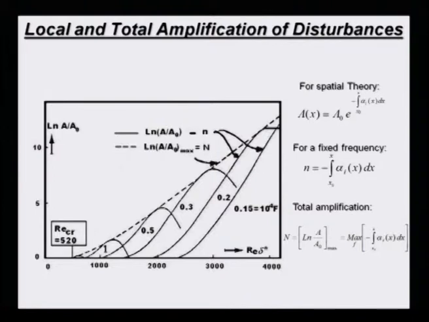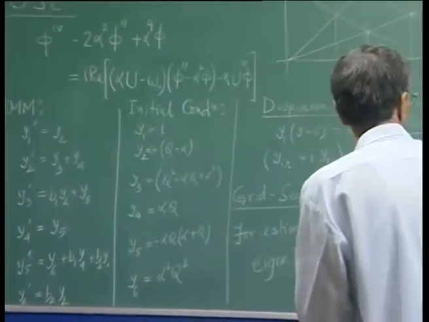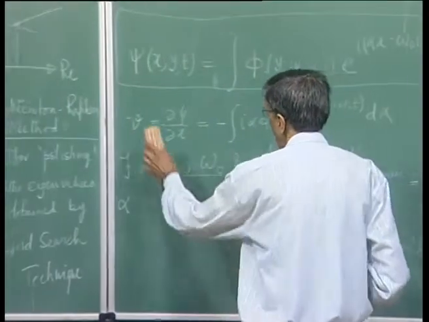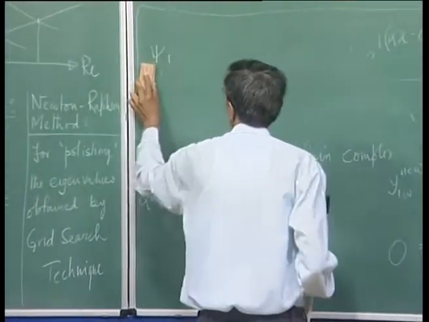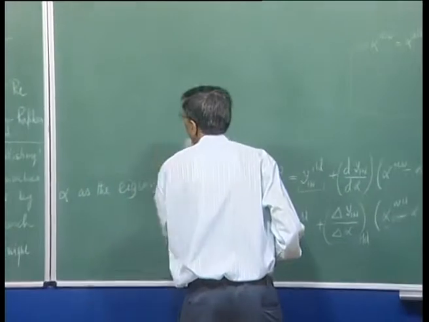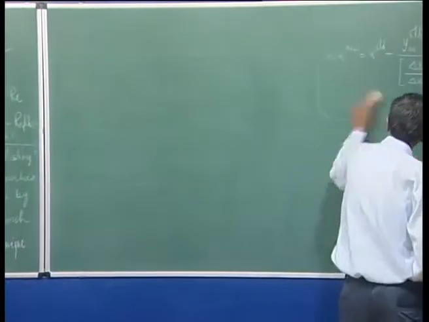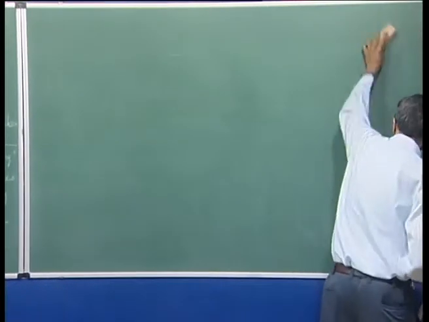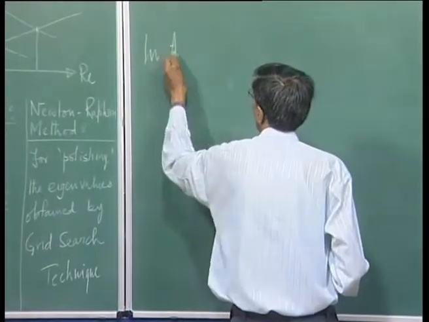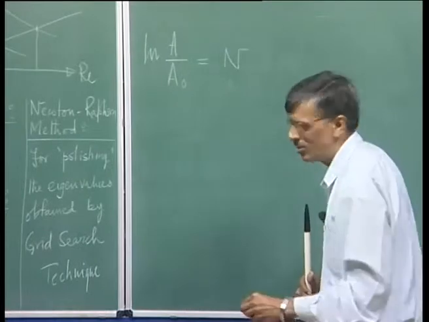See, these are all very approximate engineering ideas, and what we are talking about is our ln of A by A naught. So, if we have ln of A by A naught as given by that dotted curve, which we have called capital N, so essentially what we are talking about then, okay. So, that means what?